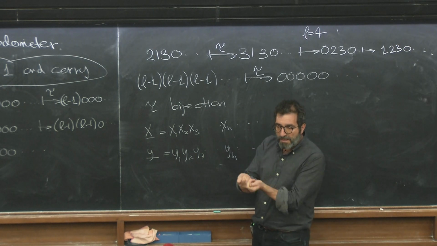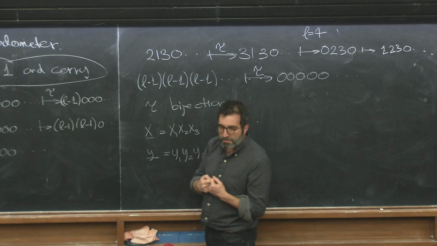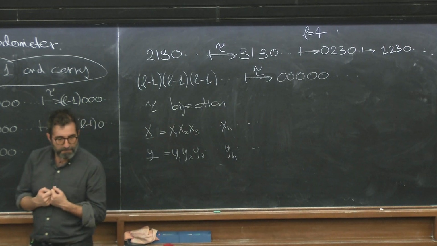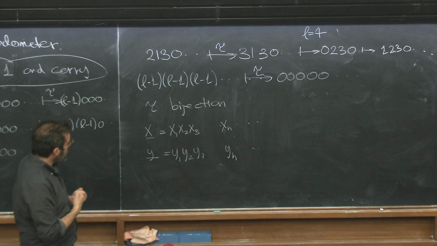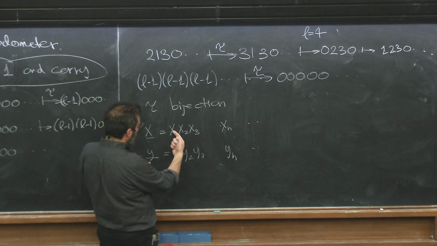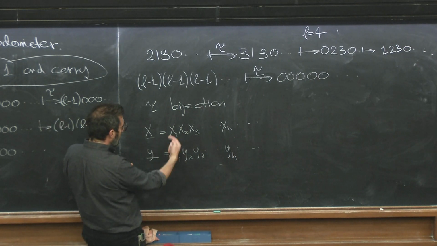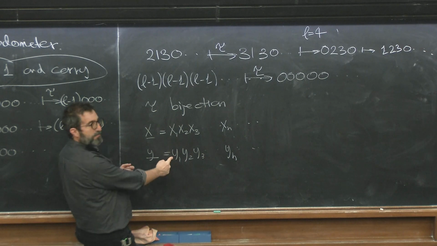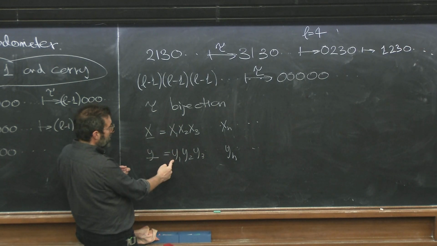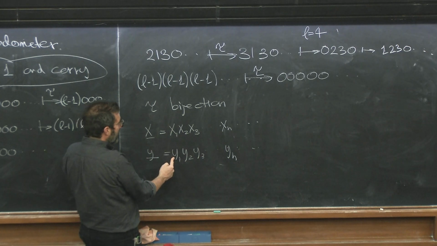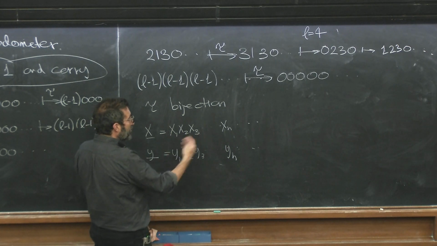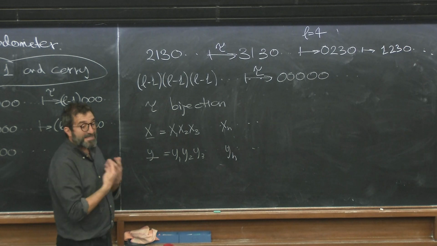What can you say about the images? Are the images going to be very close? Yes, of course they're going to be very close, because you are acting on this point by adding 1. This digit is the same as this digit. So if you just add 1 to this, you can check that the distance is going to remain the same.